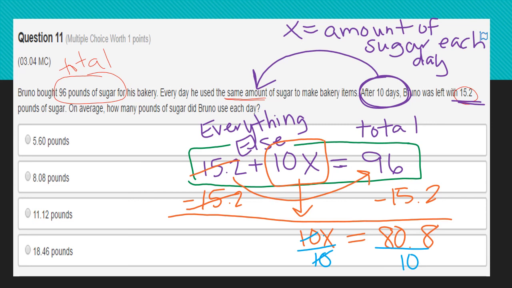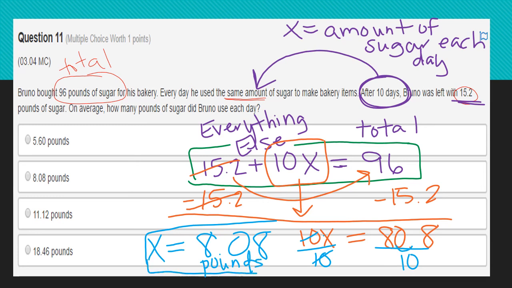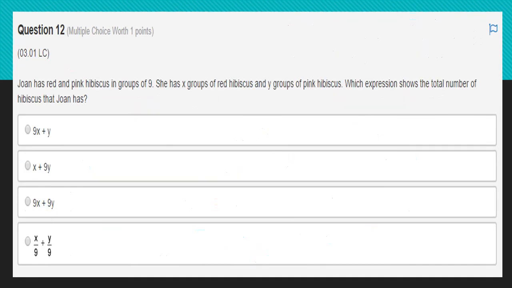I don't know if you know the trick here, but if it's divided by 10, that means take your decimal and just move it over 1 to the left. So our answer would be x equals 8.08 pounds, because the question's asking how many pounds did he use per day. And if he did this for 10 days, each day he used 8.08 pounds.